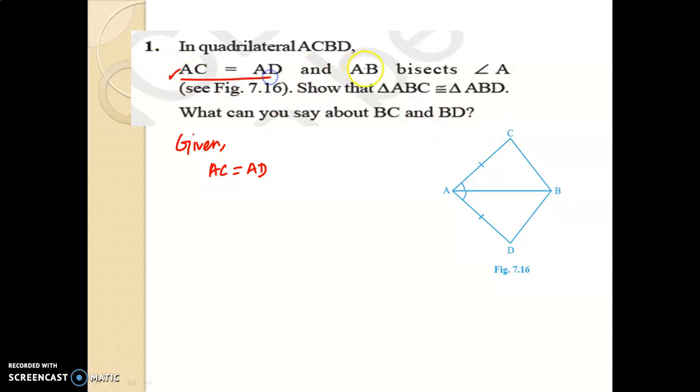Okay, AC equal to AD, and AB bisects angle A. That is angle bisector. So this is an angle bisector. Therefore, these two angles are same. That is angle CAB equal to angle DAB, because AB is angle bisector.